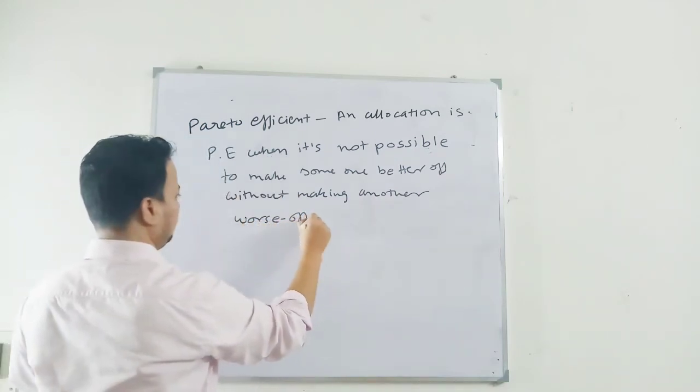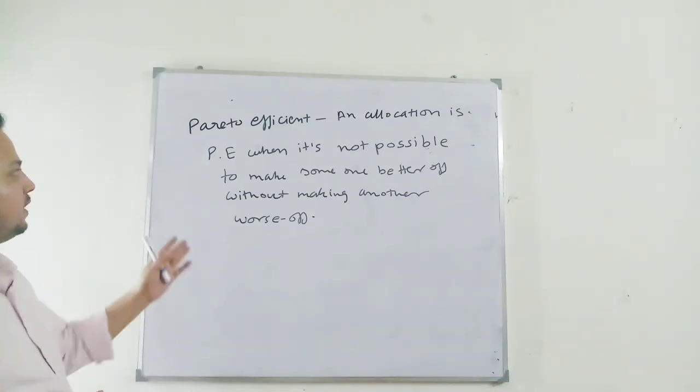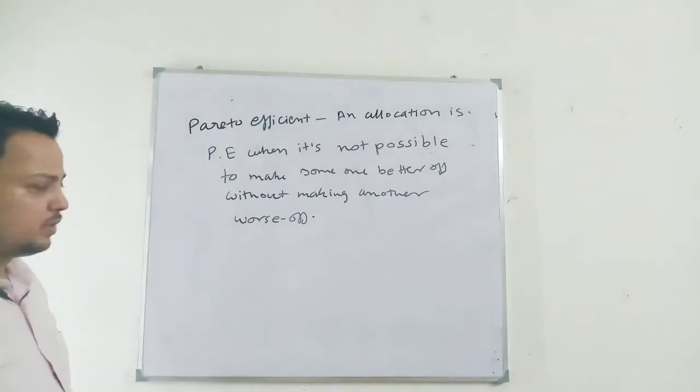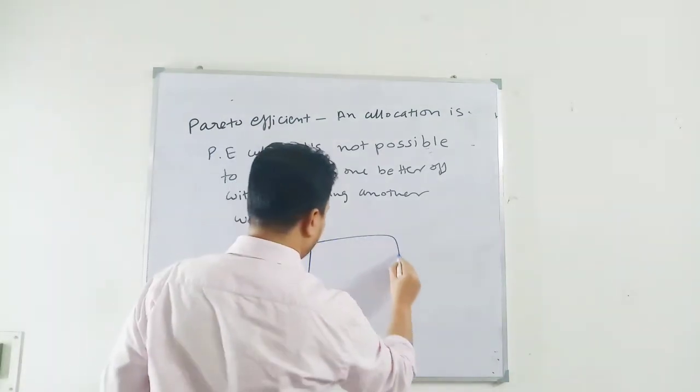Okay, whatever name. So an allocation is Pareto efficient when it is not possible to make someone better off without making another worse off.